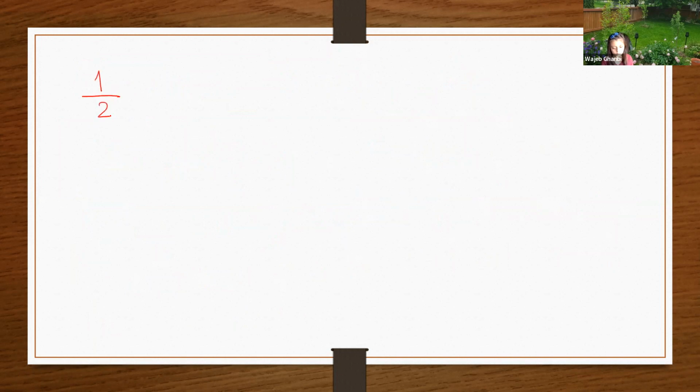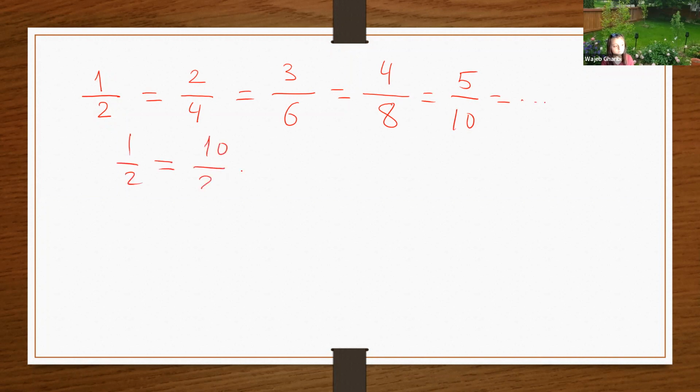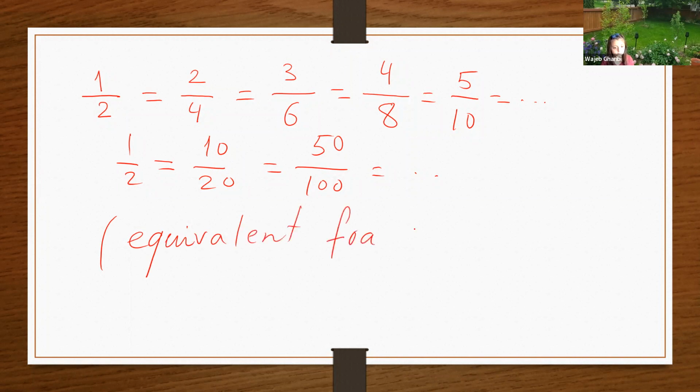This fraction is equivalent to 2 over 4, and this is equivalent to 3 over 6, and 4 over 8, and 5 over 10, and so on. 1/2 is also equivalent to 10 over 20, and 50 over 100, and so on. Yes, these are equivalent fractions.